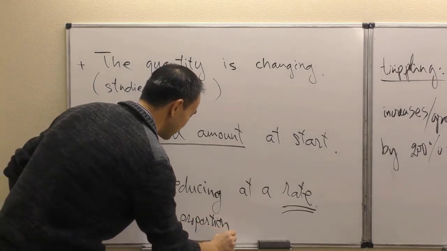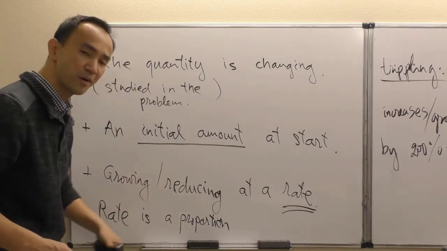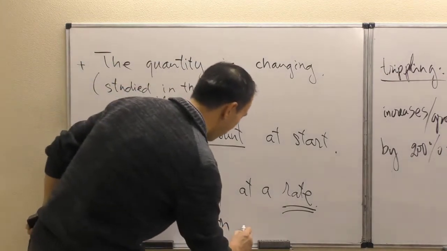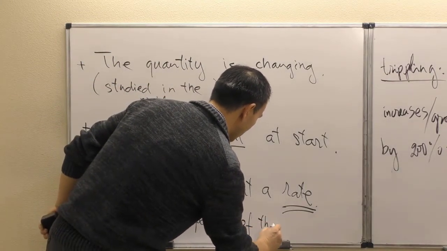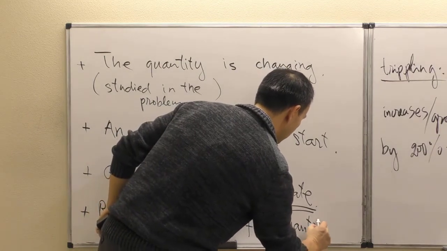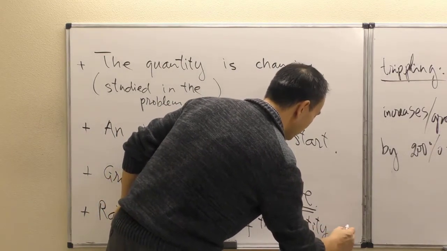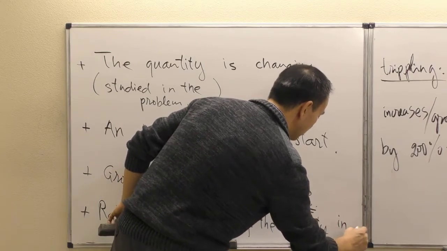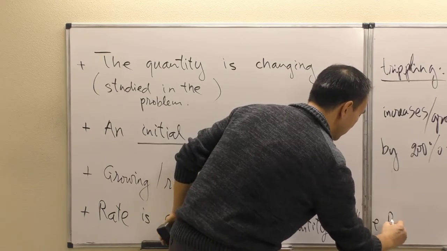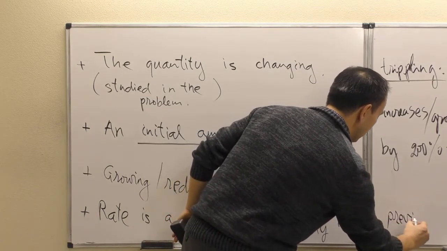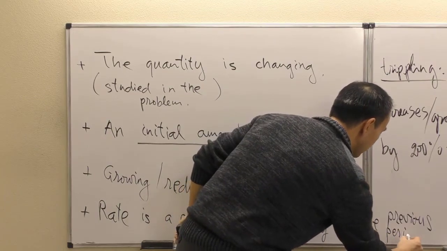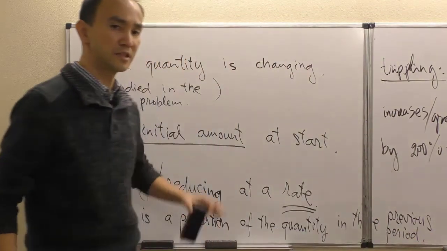This is not anything new. The rate is just a proportion of the quantity in the previous period, the period of time before that.